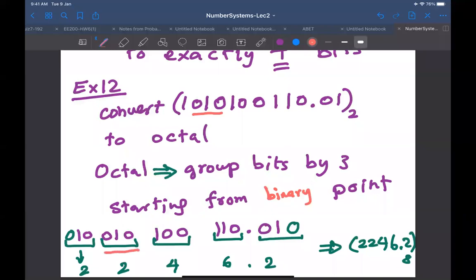And then we have a 1 here, but we must make it 3 bits in order to fit into an octal digit. Hold on, it's 110, and then 100, and then 010, and then 1. In order to make the example correct, we have to add a 0 here.